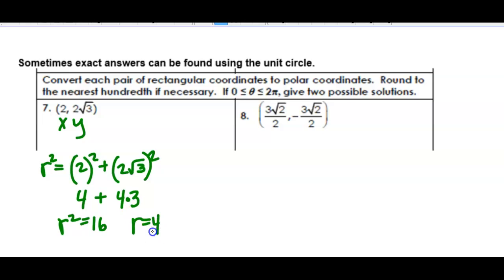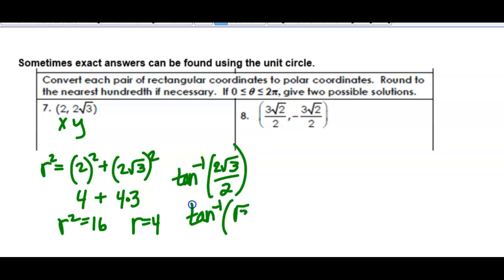4. Now we have to figure out what angle has this in radians. If we did inverse tangent of y over x, we get the inverse tangent of square root of 3, and I think we can figure that out.